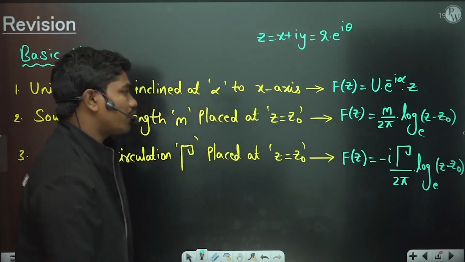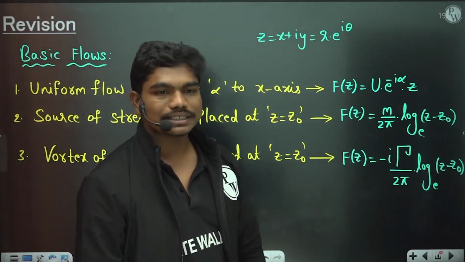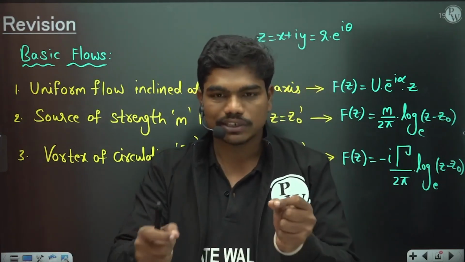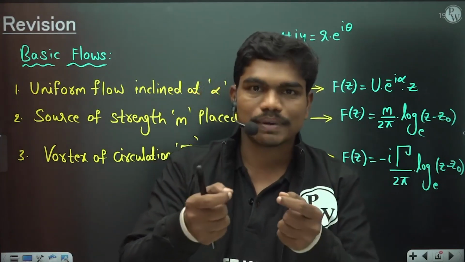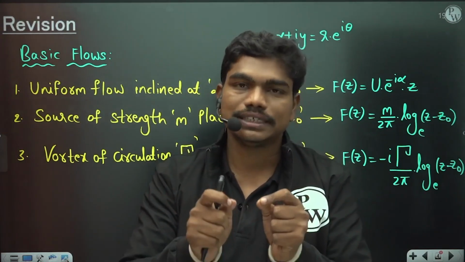So this is what we got, and then we have talked about the case of a doublet. So what is a doublet? A doublet is the combination of source and sink which are placed very close to each other, and these two strengths of source and sink are assumed to be equal.